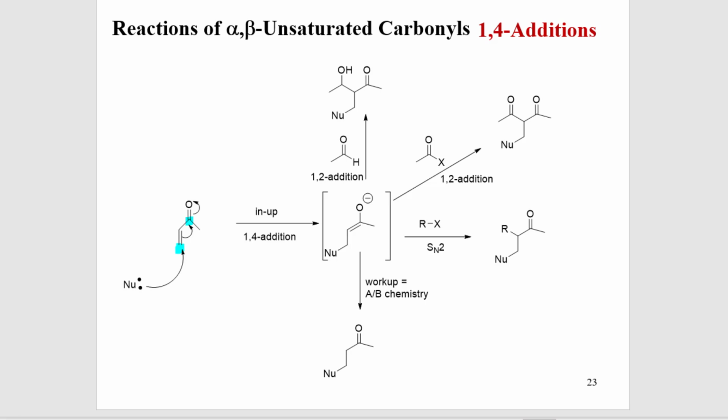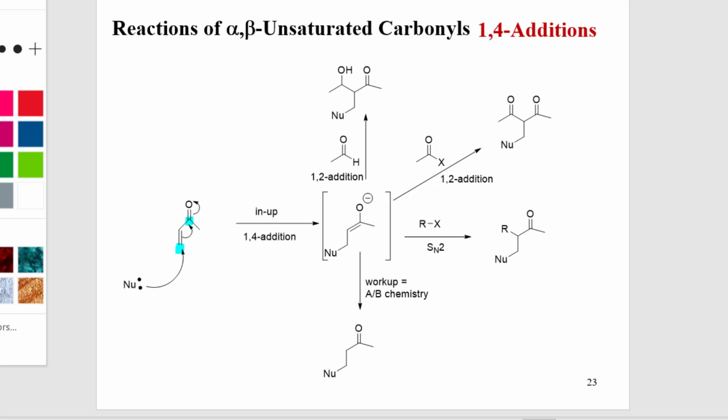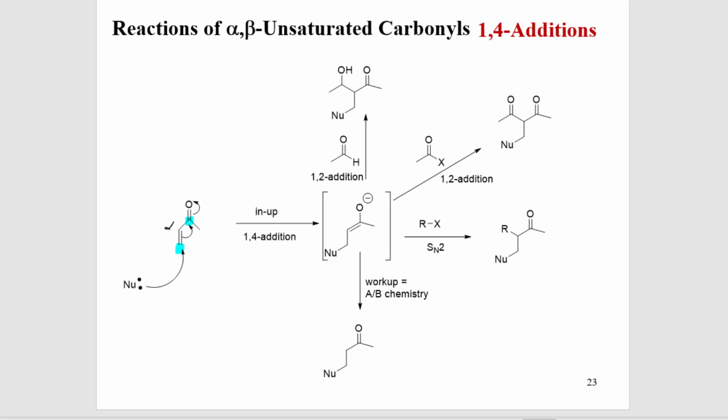So if I have an alpha beta unsaturated system and I introduce a nucleophile, you might say, well, how do I know if the nucleophile is going to go at this carbon or if it's going to go to the carbonyl? Beta carbon or carbonyl? What do I do? Well, let's handle that after.